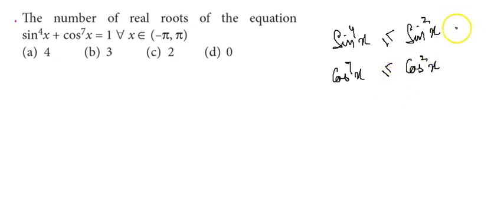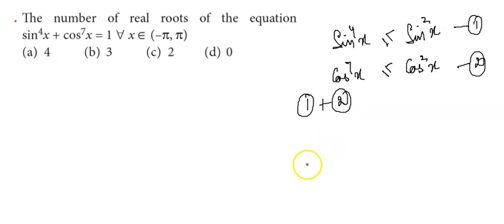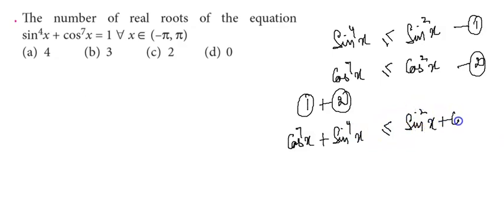Let us say this is equation 1 and this is equation 2. Now just add these two equations. It will be cos to the power 7 x plus sine to the power 4 x, less than or equal to sin square x plus cos square x. This is 1.